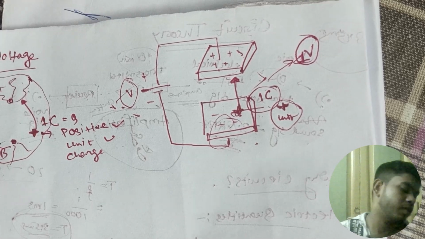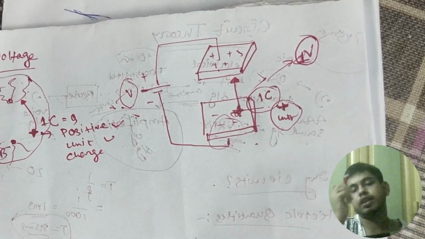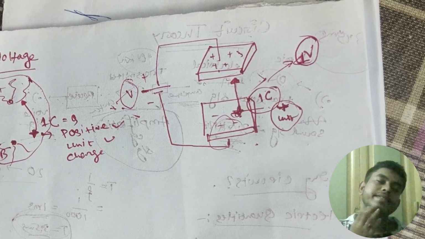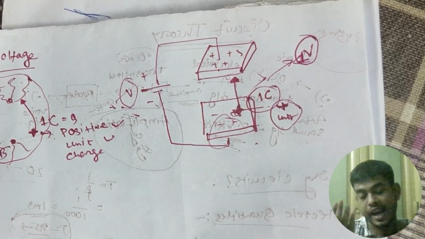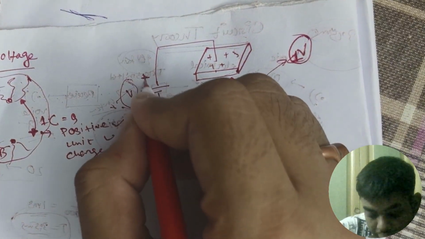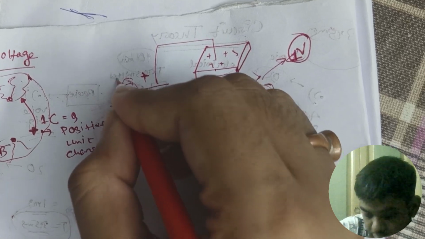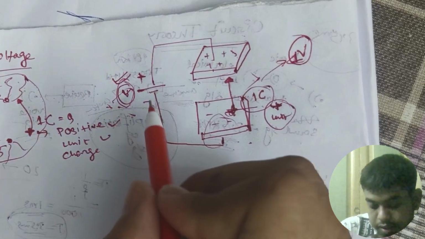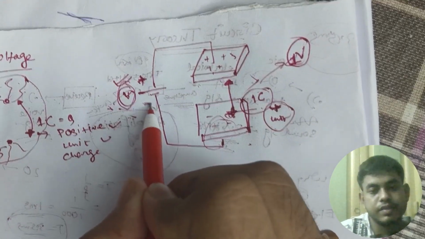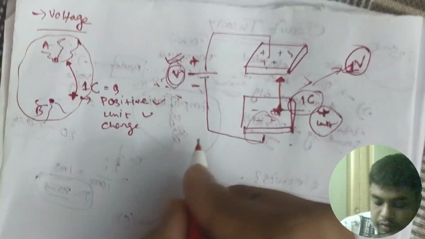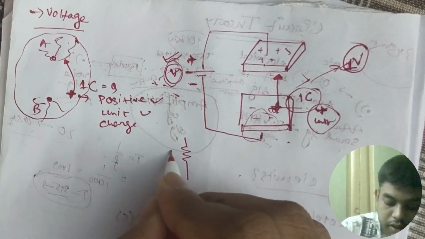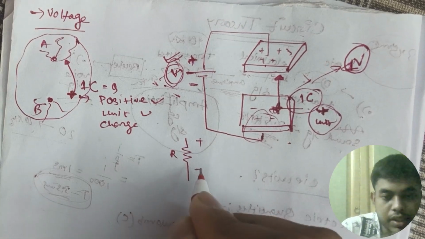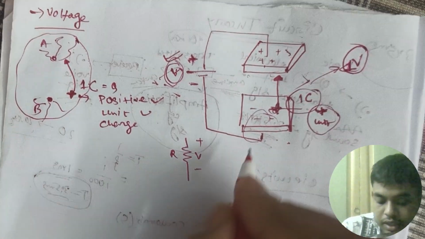Now some important points. For current, I have said the current must have a value and a direction. In case of voltage, voltage must have a value, and it must have signs, positive and negative. Like if a resistor is there and we measure it like this, this is the plus voltage.